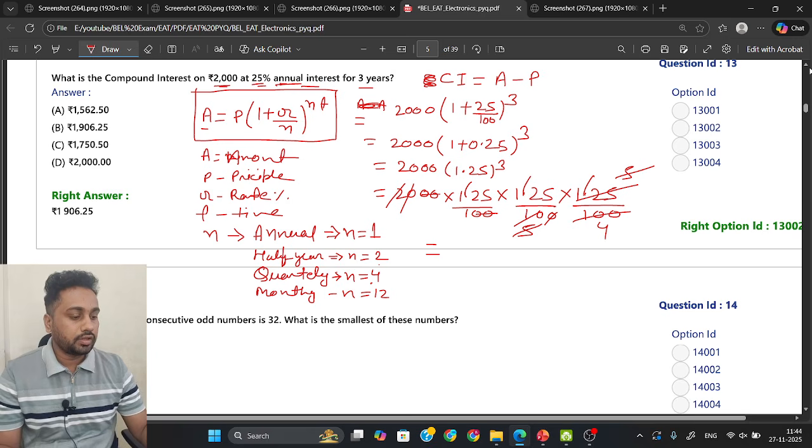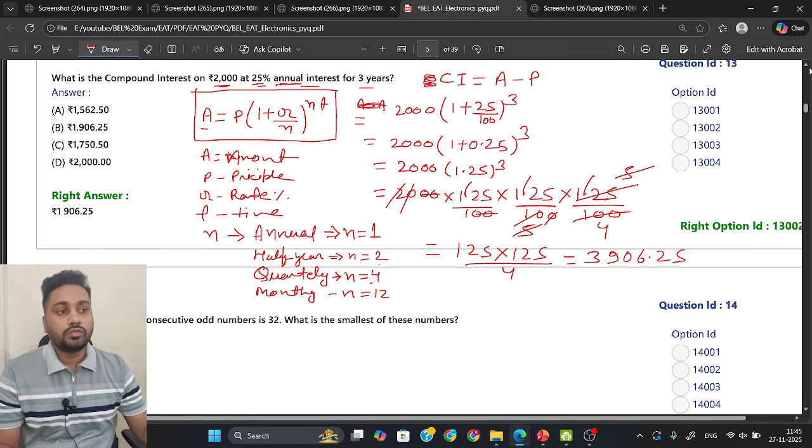Okay, correct, correct. So now we are getting 125 into 125, and divided by 4. Now if you calculate this thing, you will get 3906.25.